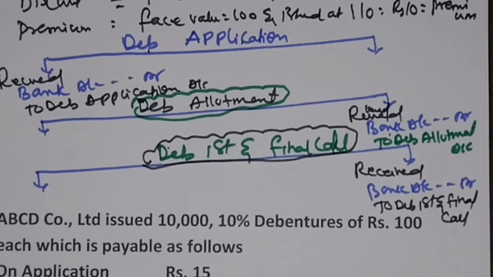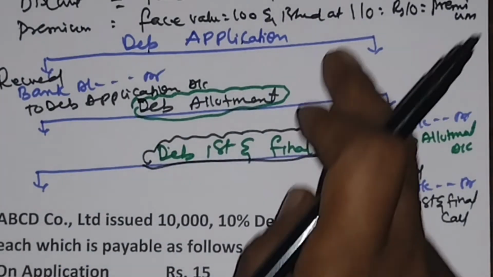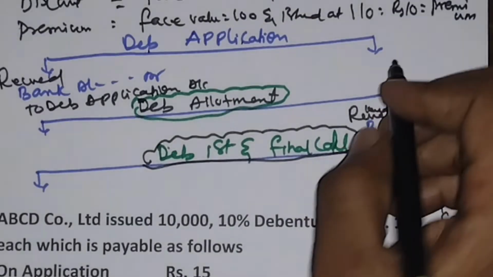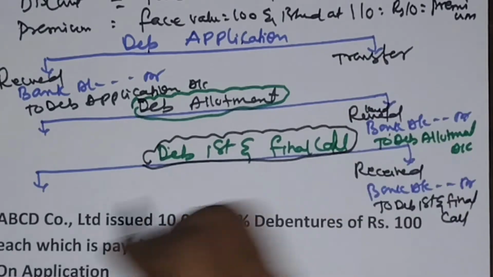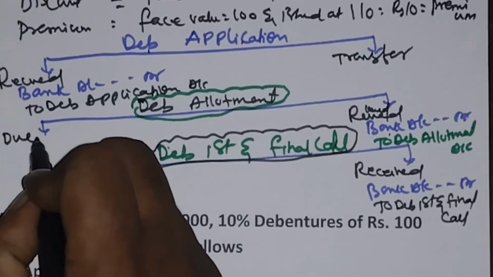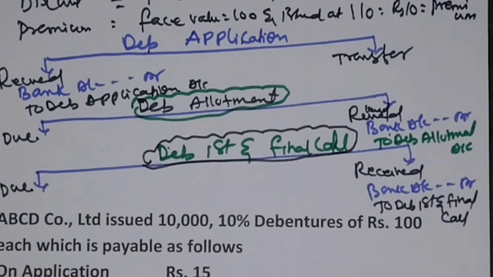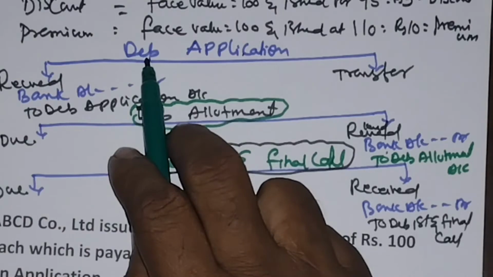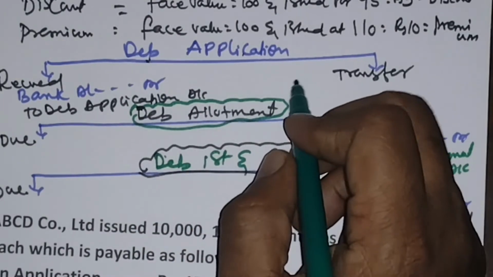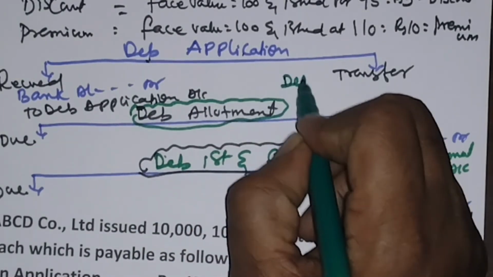Now, coming to the remaining 3 left over. Out of that, the first one is transfer, and the next one is due. Remember to pass these journal entries for the remaining 3. For the heading, you write the heading first.